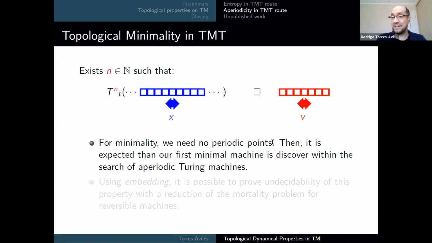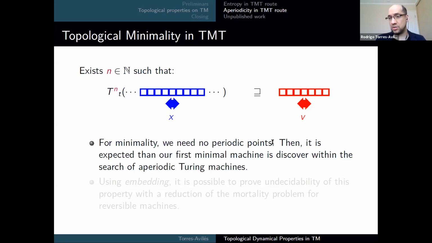For minimality, it is needed that we don't have any periodic points. So it is expected that after we find the first example of an aperiodic Turing machine, we find the first example of topological minimality. Of course, we need some more properties to have minimality. In fact, there exist aperiodic machines that are not minimal.